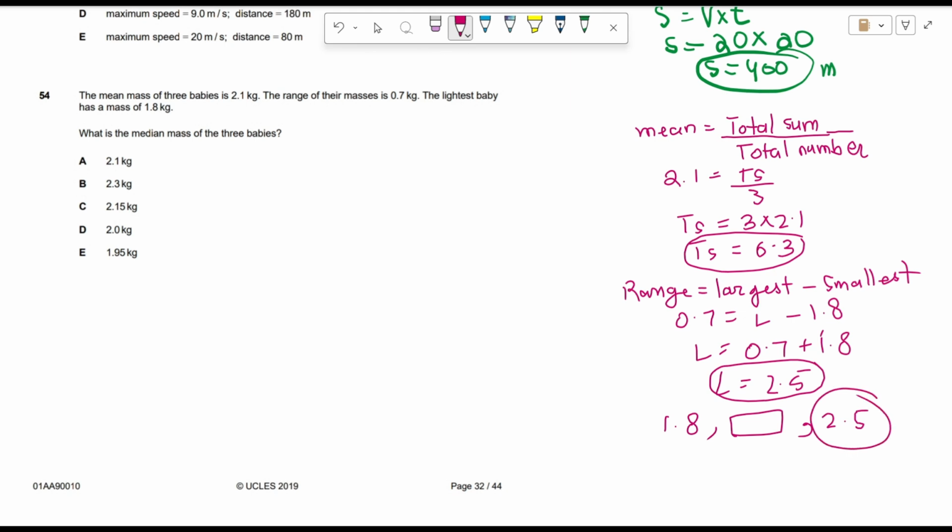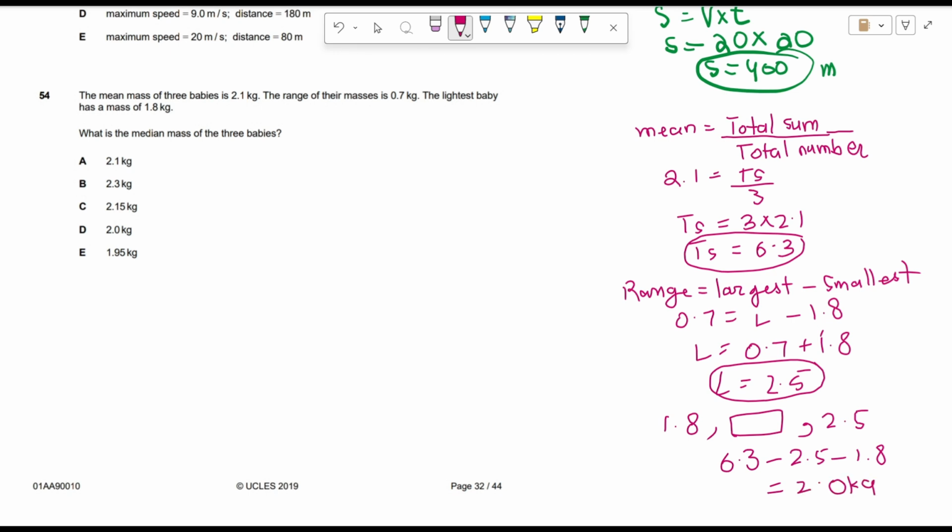The heaviest baby is 2.5. Now we are just supposed to find the mass of the third baby, and the total mass of all the babies is 6.3, right? So if we subtract these both masses from the total, we'll have our middle mass, the remaining mass of the baby. So 2.5 minus 1.8, which comes out to be 2, right?